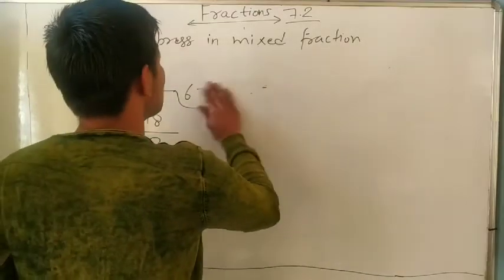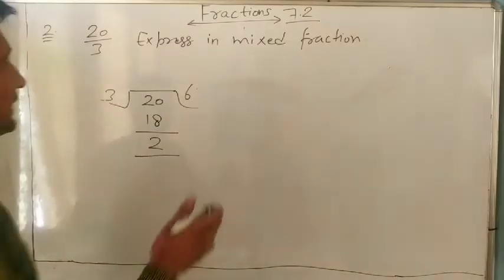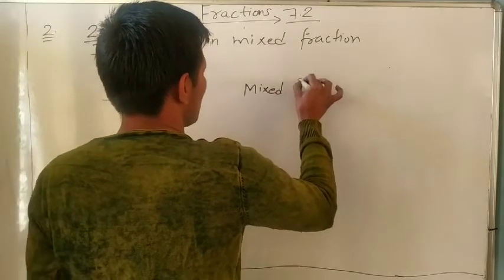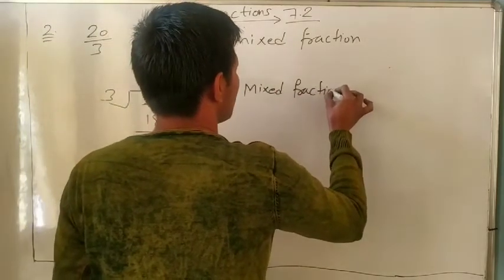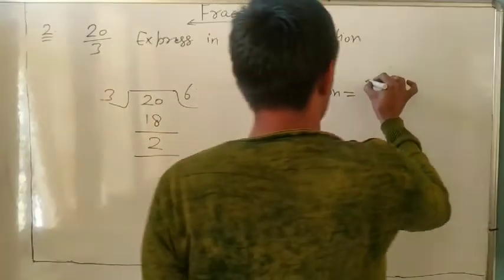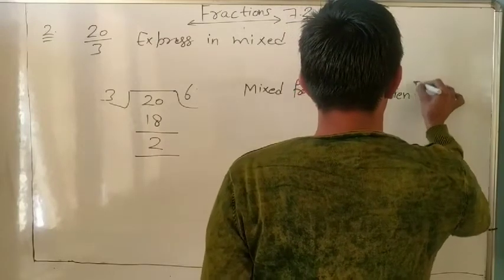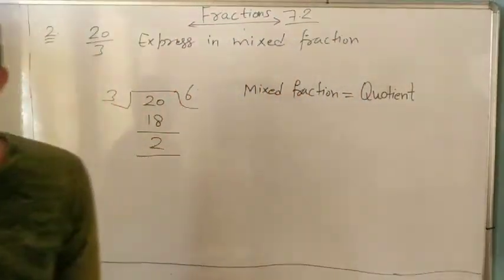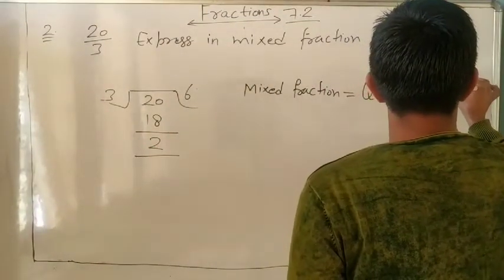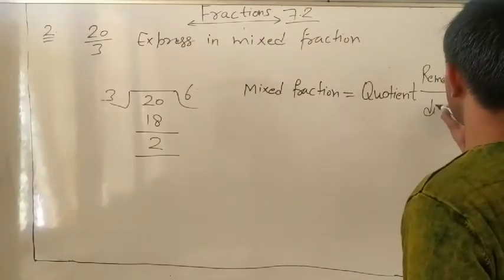So you will represent like this. In mixed fraction, how will you represent? So always note down this one. Mixed fraction, how will we write? Always quotient, remainder divided by divisor.